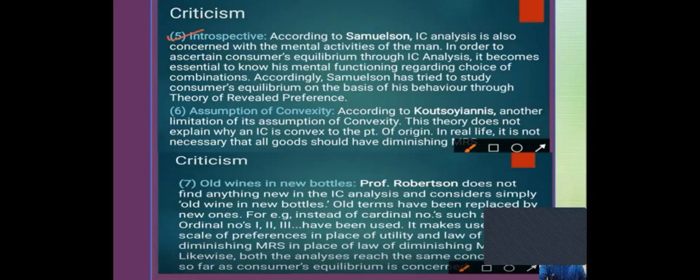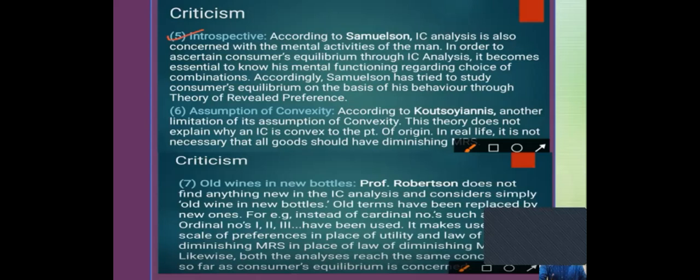You have to substitute X for Y, means अगर आपको Y कंज्यूम करना होगा तो आपको X को छोड़ना पड़ेगा. अगर आप Y को छोड़ते हो तो आपको X पर चलना पड़ेगा. मतलब अगर आपको किटकैट खाना है तो आपको डेयरी मिल्क को छोड़ना पड़ेगा, या तो डेयरी मिल्क खाना है तो किटकैट छोड़ना पड़ेगा, है नहीं? So in that case it may not always be convex to the origin, नहीं?